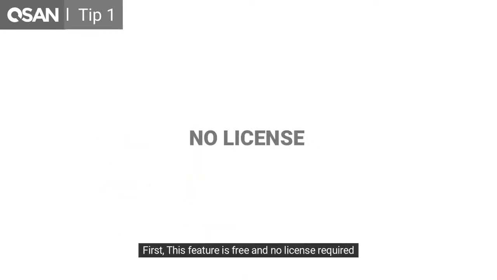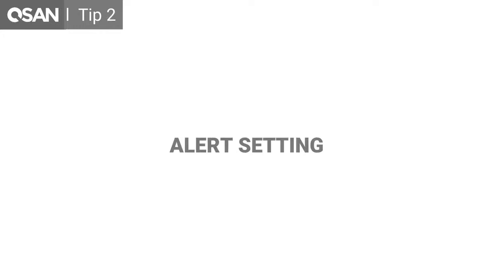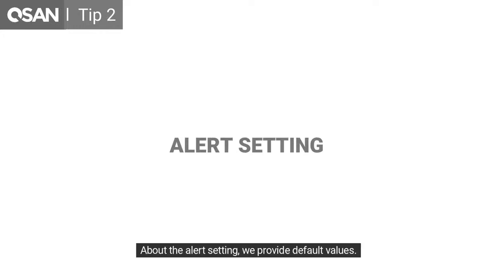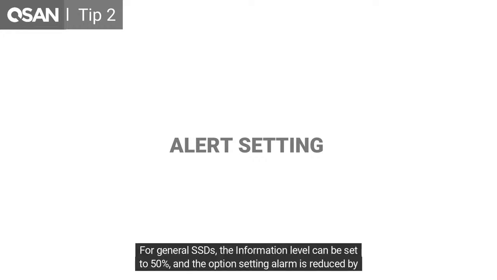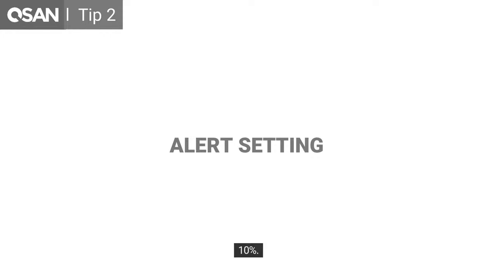First, this feature is free and no license required. About the alert setting, we provide default values. For general SSDs, the information level can be set to 50%, and the option setting alarm is reduced by 10%.